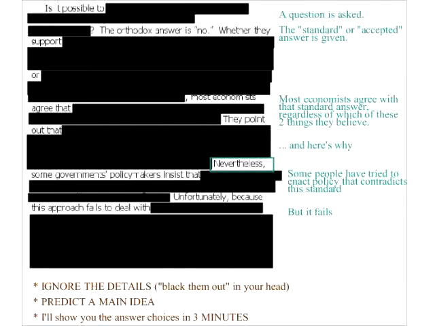Okay. There you go. They give you a question. They give you a standard or accepted answer to the question. They give you the reasons why this is the standard answer. And they talk about why things that have tried to go against the standard answer have failed.